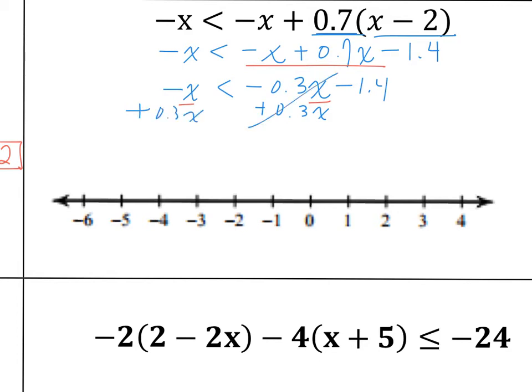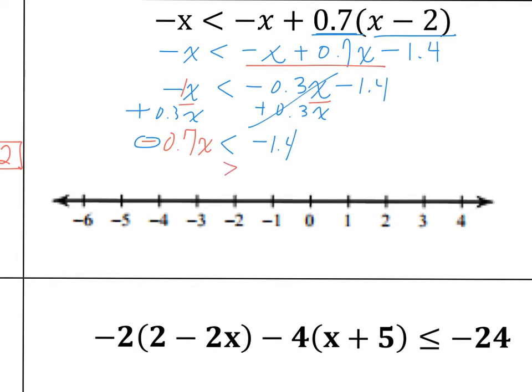We cancel this out. -1 plus 0.3 gives me -0.7x. Since we have a negative here, we need to remember to switch the inequality sign.